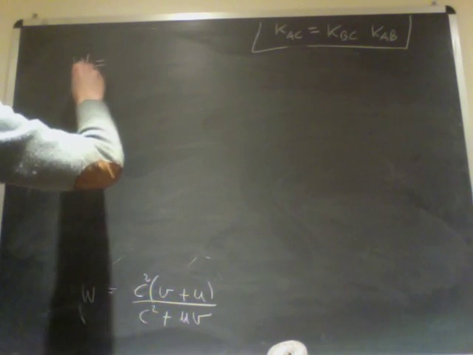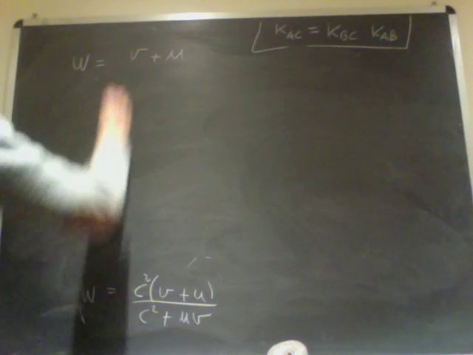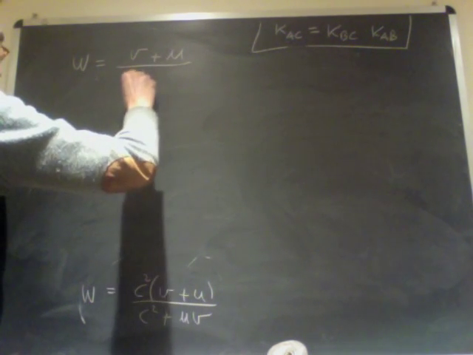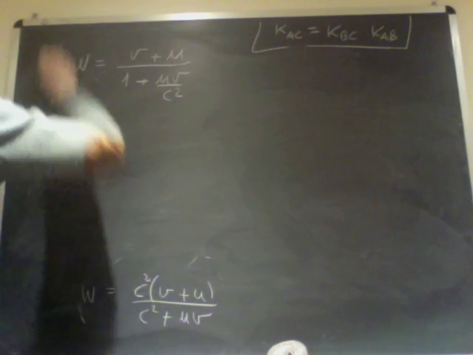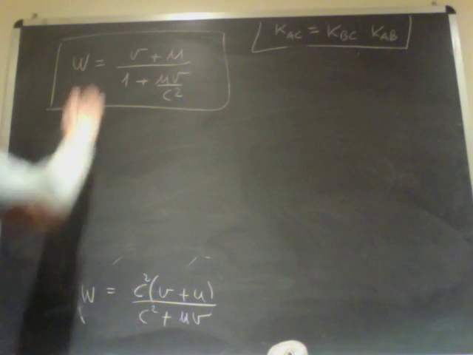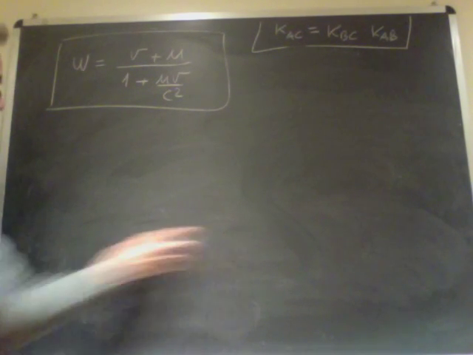So W is equal to V plus U divided by 1 plus UV over c squared. And this is the formula, the relativistic formula to add velocities.